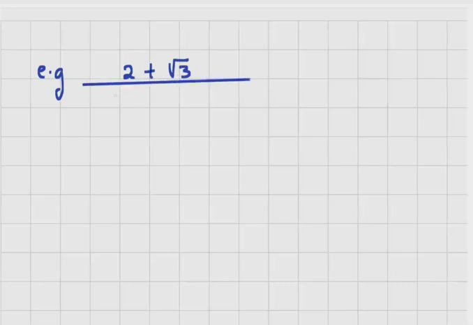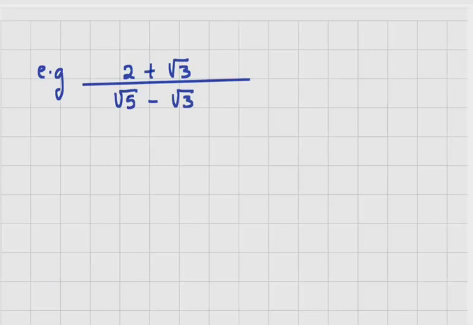So let's say we are given 2 plus root 3, and the whole expression is being divided by root 5 minus root 3. Okay, so this is exactly the same thing.